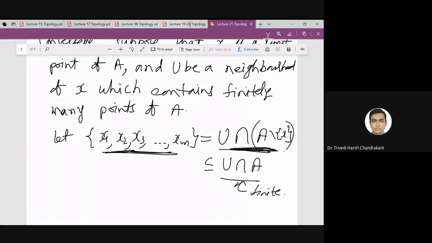So now what is the hypothesis? The hypothesis is that the topological space X is a T1 space. And in a T1 space, the definition is that the topological space is a T1 space if every finite subset of that topological space is closed. And this is a finite set.